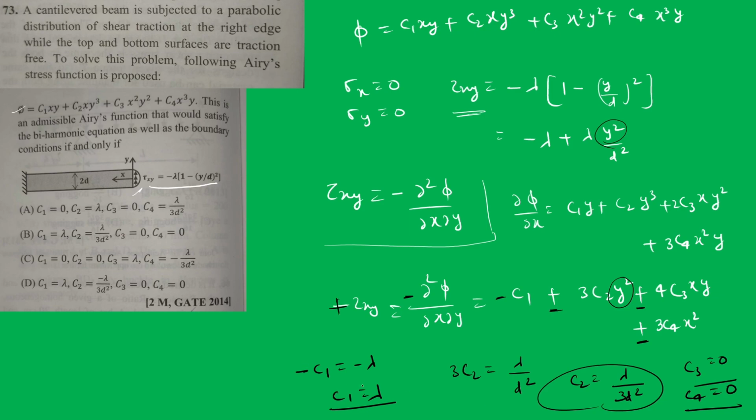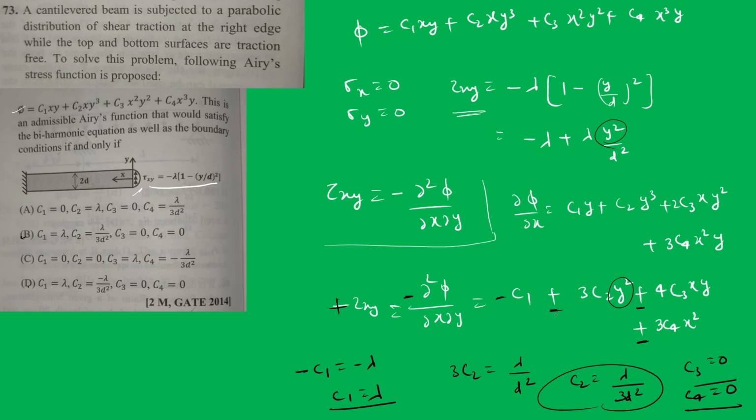Now let us match the option. c1 is equal to lambda, so it is here and here. And c2 is lambda by 3 d square, and it should be minus or plus.